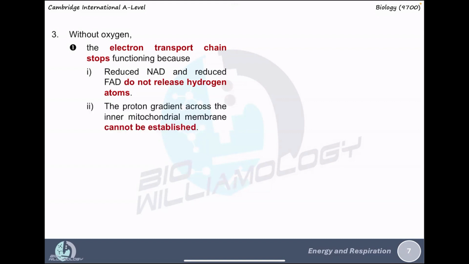So without reduced NAD and reduced FAD releasing hydrogen atoms, there are no electrons to pass through the electron transport chain. So therefore, the electron transport chain stops functioning.